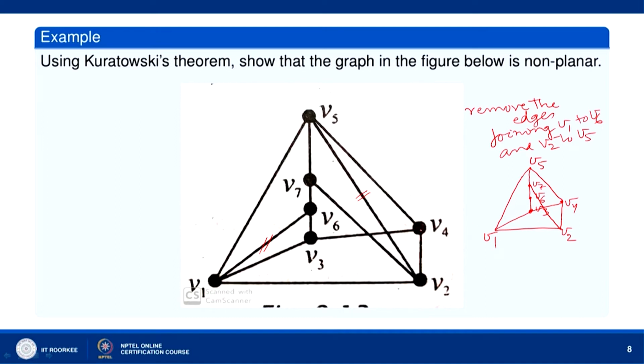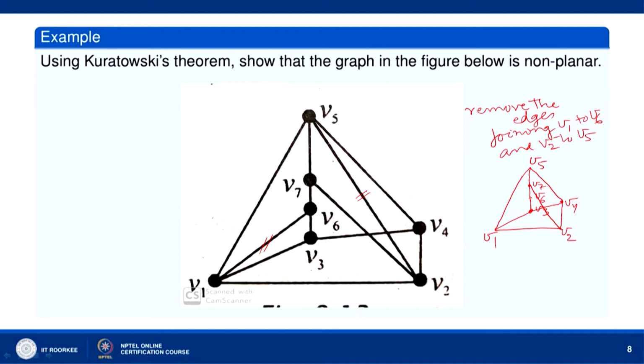Okay. So, we have B1 to B3, B3 to B4. B1 to B6 we have removed, and we have also removed B2 to B5. Now, what we do? We merge two edges.